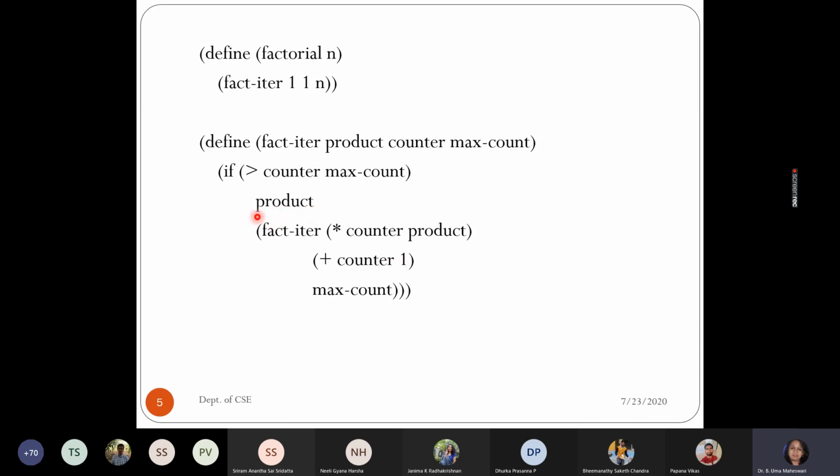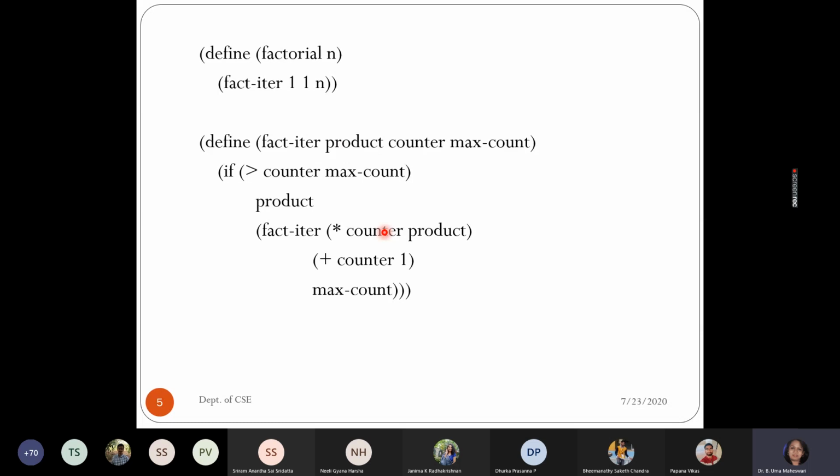Finally, what you return is the value of the product. So this is a different way of solving the problem. Now, please tell me, is it a recursive procedure?